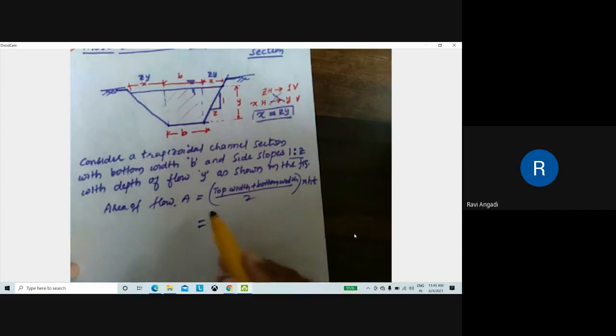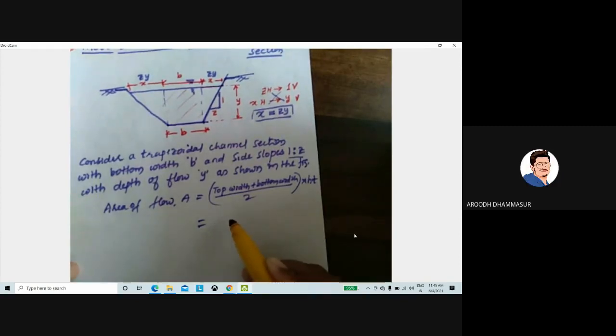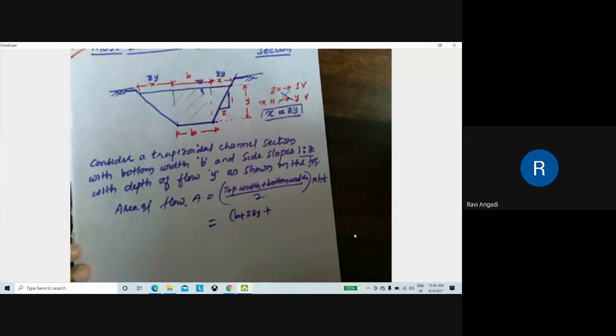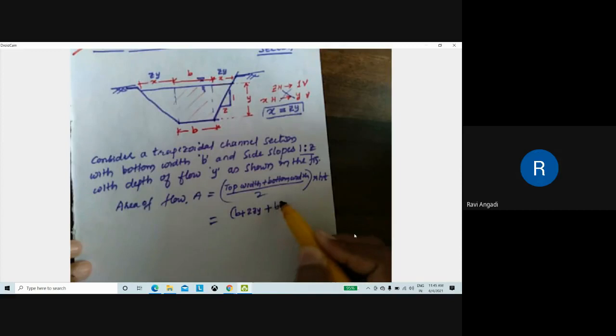Here I have to substitute in the formula. What is the top width? B plus 2x, or you can write b plus 2zy. Plus, what is the bottom width? B, correct. Divided by 2.